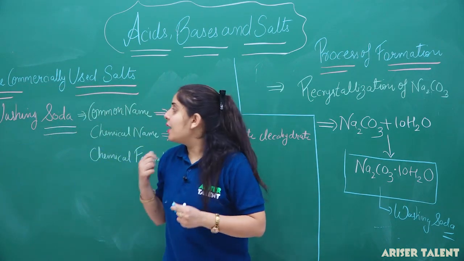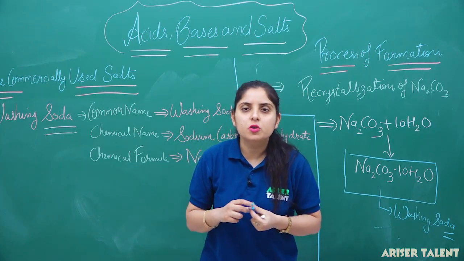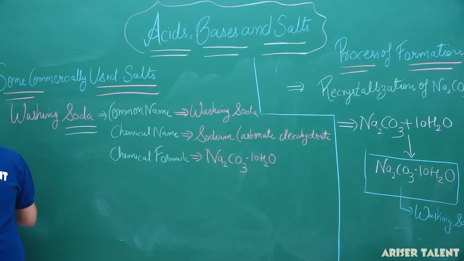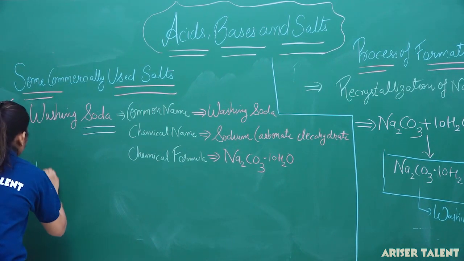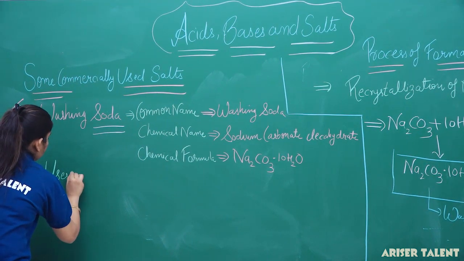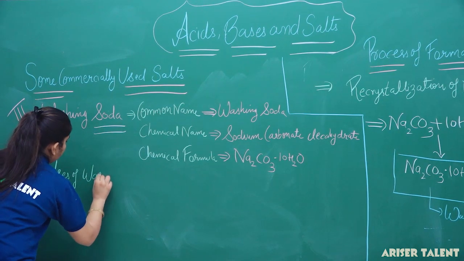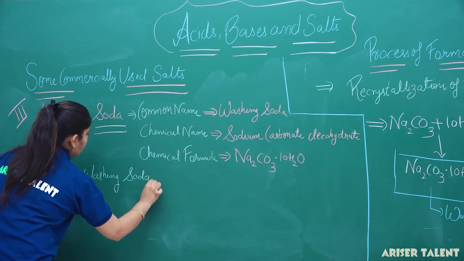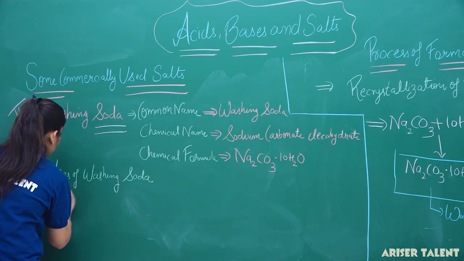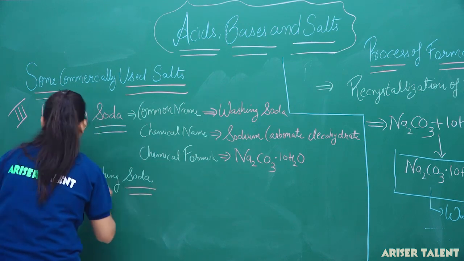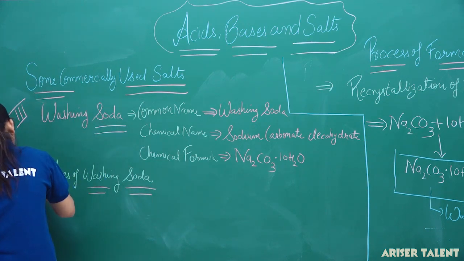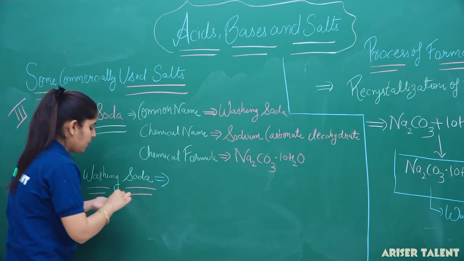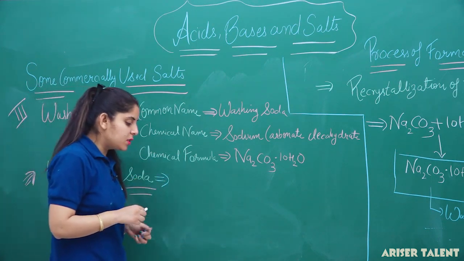Now we are with our last topic, that what are the uses of the washing soda. So our next topic will be uses of washing soda. For the washing soda, we have the following uses.